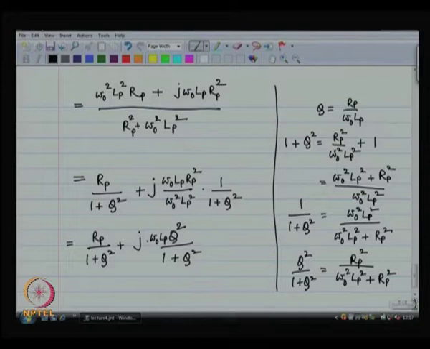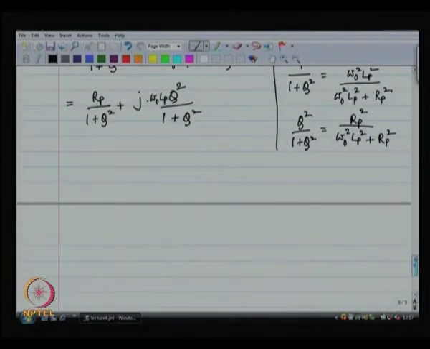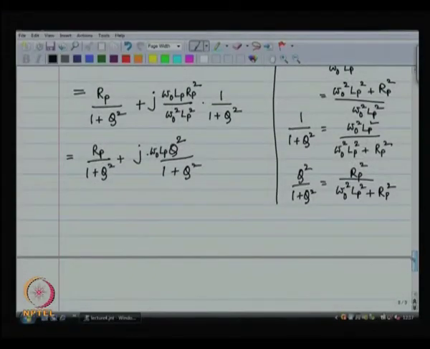This is usually a very handy sanity check. So, I could correct myself just based on dimensions, right. All right. So, this is Z in of the parallel network. Now, Z in of the series network is very easy to know.